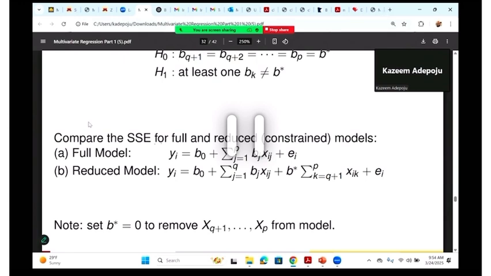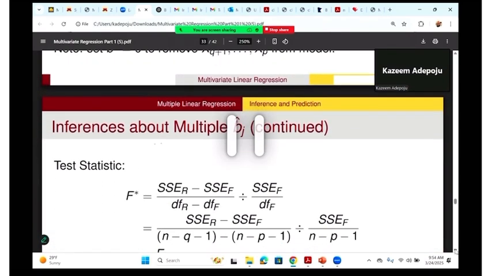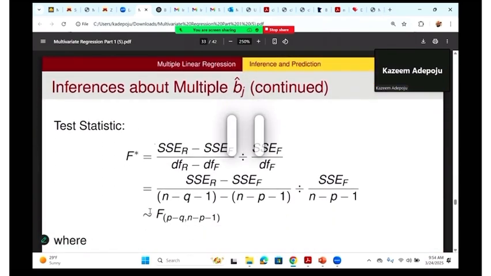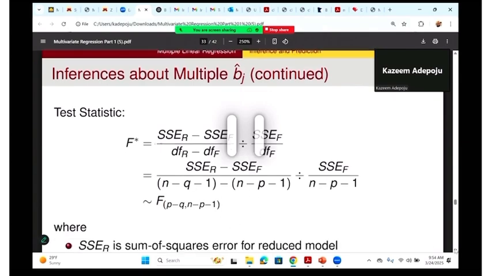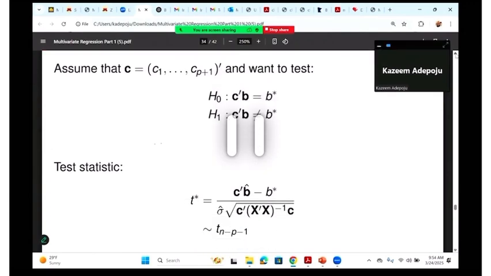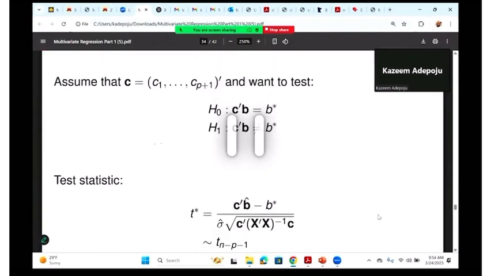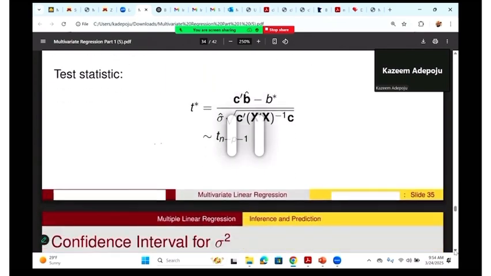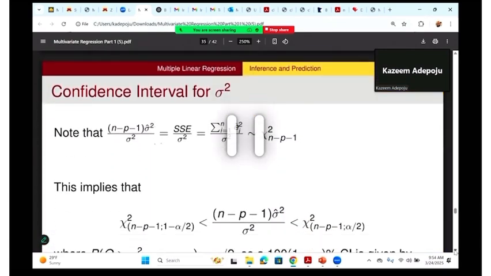I want to know which one is going to work better. With that, I'm going to use a nested F-test. The F-test that I'm going to use is what I'm deriving here. And at the end of the day, you can actually do that in R. I can also do a linear combination test. So all of that, we have in R.